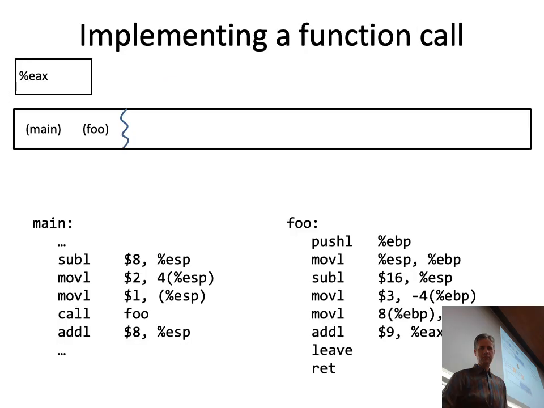Okay, so if we look at a function call here, we have a main function. We see some code here, it calls foo. We then see the foo function. What we can see first is that the values are going to be passed as stack values. So in main, you can see where the base pointer is going to point to the frame for the main function.